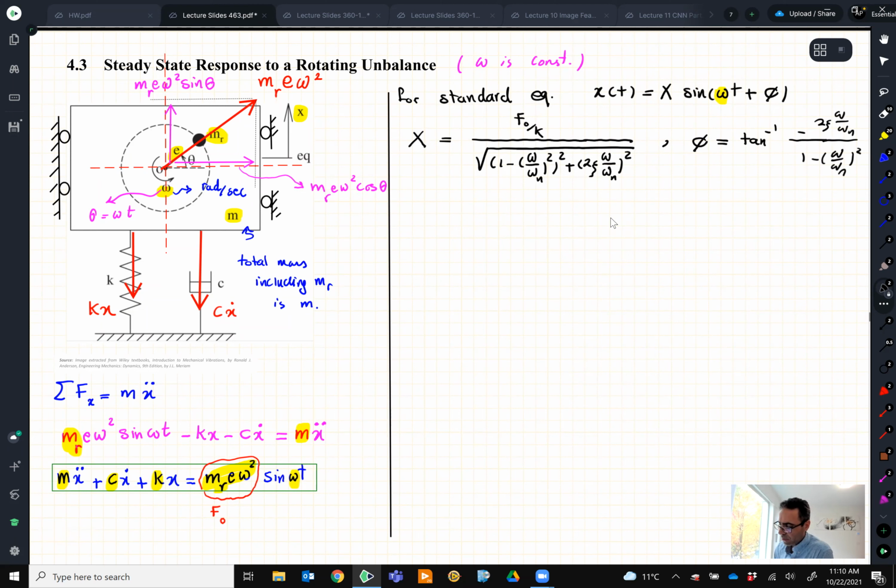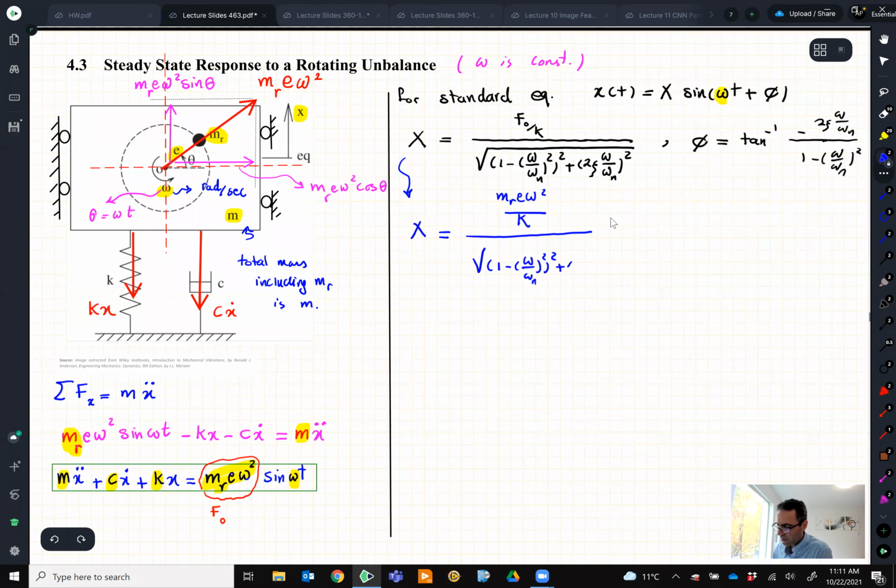So now let's focus on X. See how X now turns out for a rotating system. I substitute F0 with the value that we just found, which is mr e omega squared divided by k, and then this one over here, plus 2 zeta omega over omega n squared.